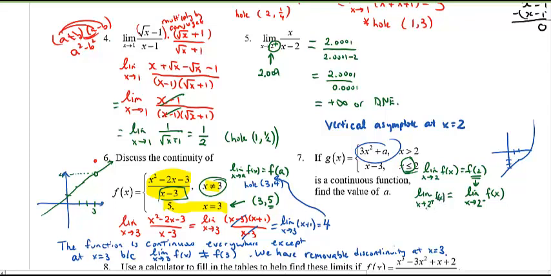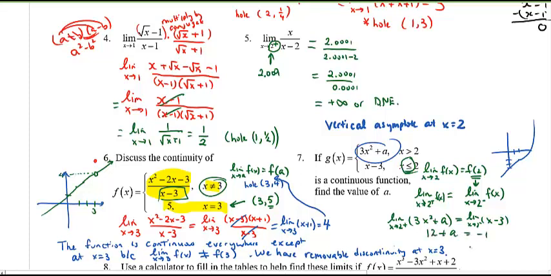Now the limit from the right is just the function 3x squared plus a. And the limit from the left is just that function x minus 3. I should once again put my proper notation here. And I want you to evaluate this, so I'm plugging in 2, so I get 12 plus a, and then I get negative 1.